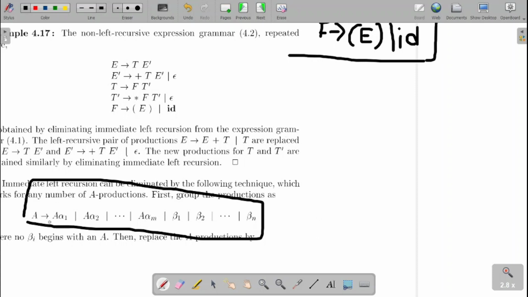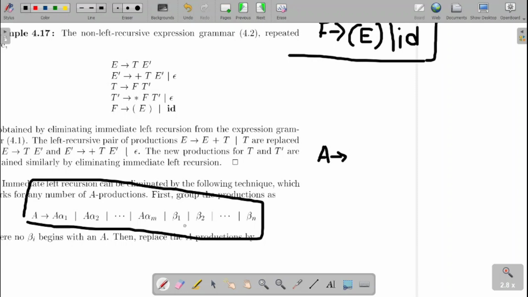So for these cases, we'll follow the same basic concept. Now in place of a single alpha, I have alpha 1, alpha 2, alpha 3 up to alpha m. In place of a single beta, I have beta 1, beta 2, beta 3 up to beta n. So to eliminate the left recursion, I will apply the same mechanism. A derives, I will start with the beta A dash.